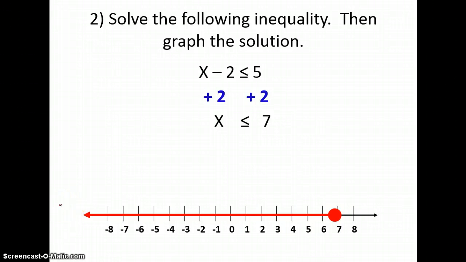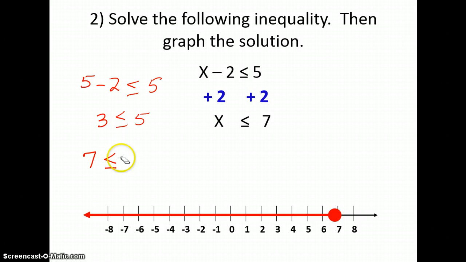Again, you could go in and check your work by plugging in any number. You could plug in a 5. 5 minus 2 has to be less than or equal to 5. Well, 5 minus 2 is 3, and 3 is less than or equal to 5. When I plug in 7, my solution to the problem, I can plug in 7 minus 2 is less than or equal to 5.